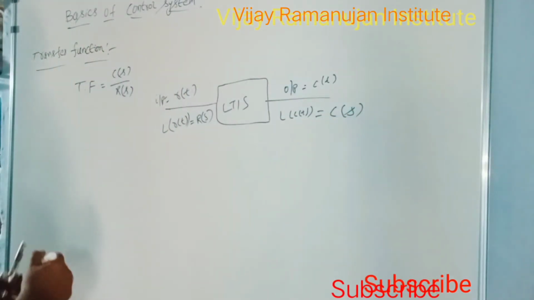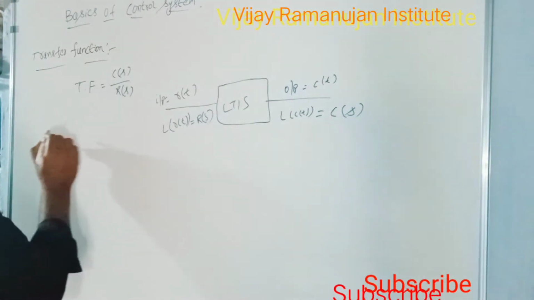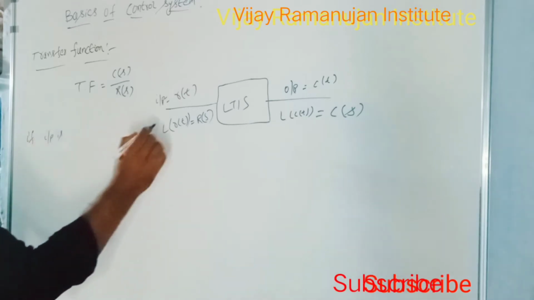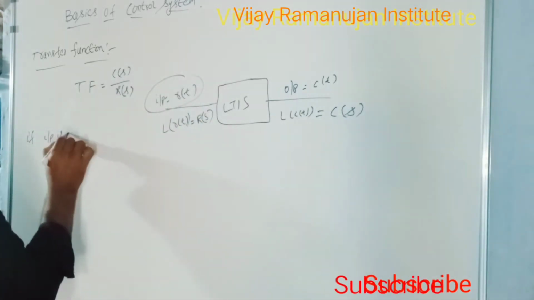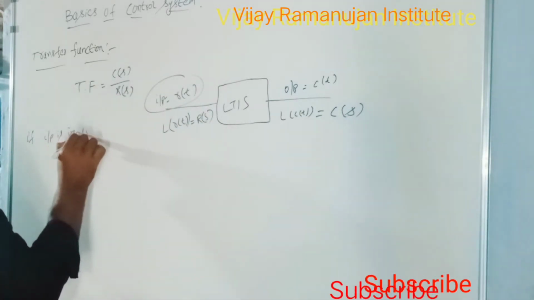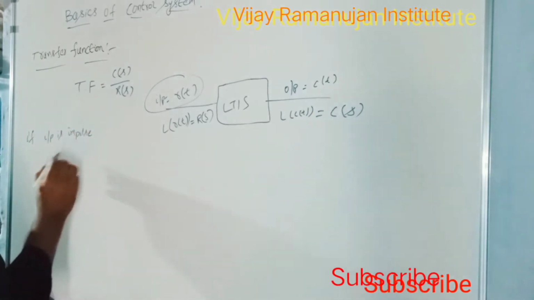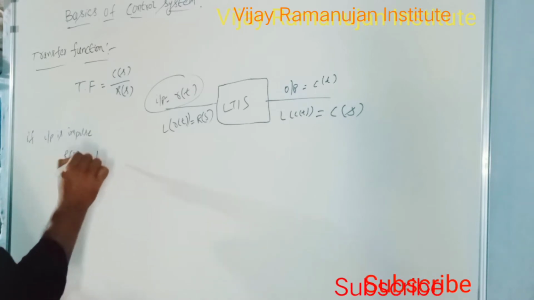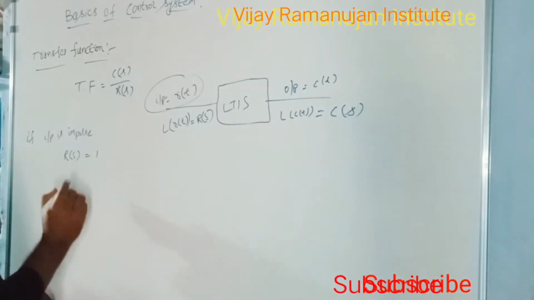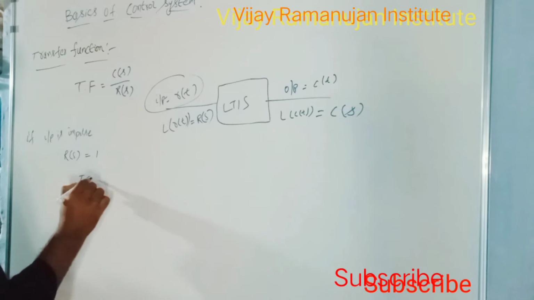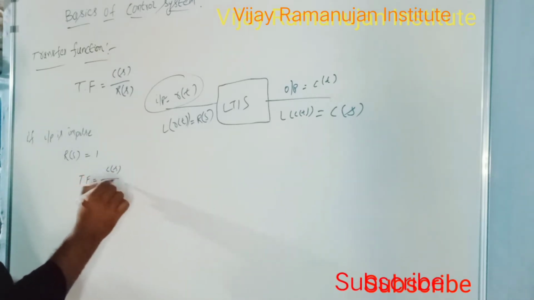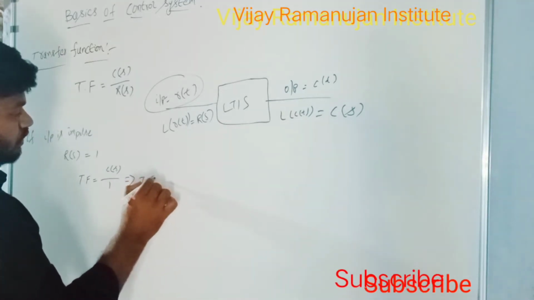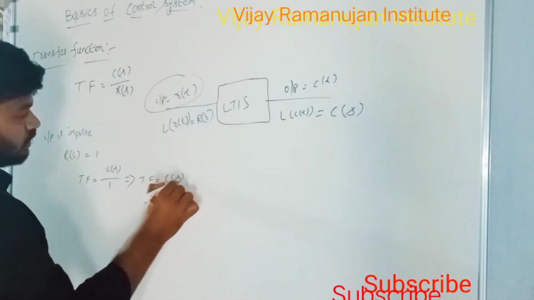So now solve this. If input is impulse, R(s) is equal to 1. Now substitute this here. So transfer function is equal to C(s) by 1, that is equal to C(s).